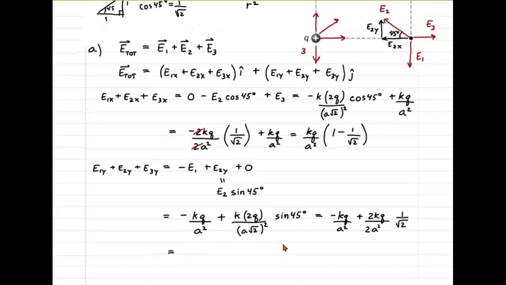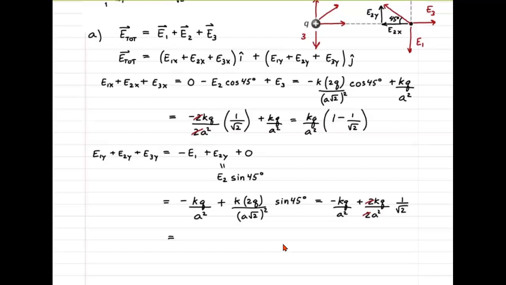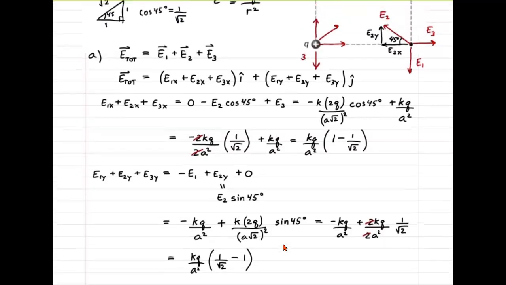These two terms cancel like that. And if you want to write it more nicely, we take out factors that are the same. In this case, it's KQ over A squared. And then write 1 over root 2 minus 1. Right? Because this is the minus 1, and then this is 1 over root 2. And that's what I have there. Okay?